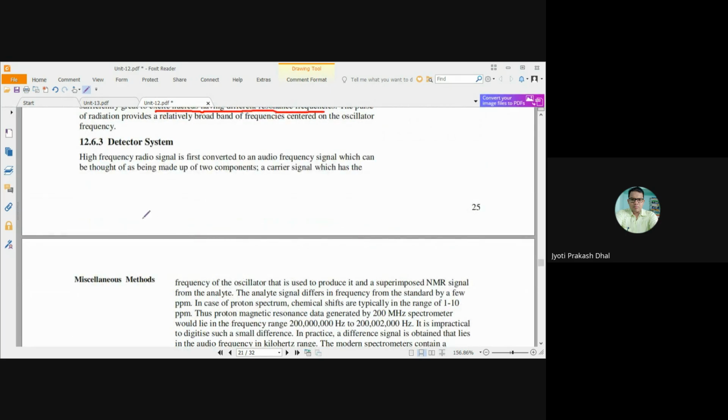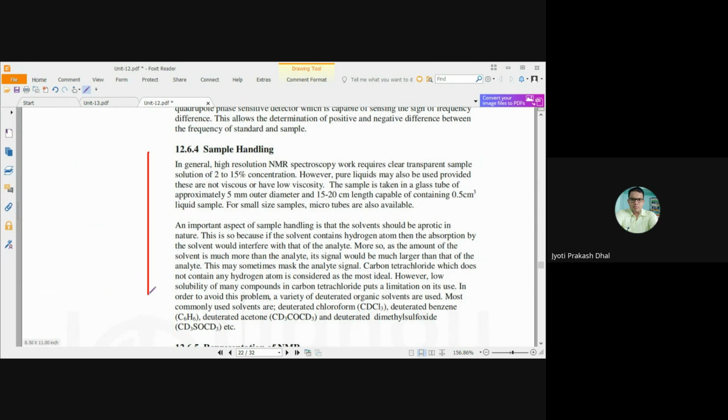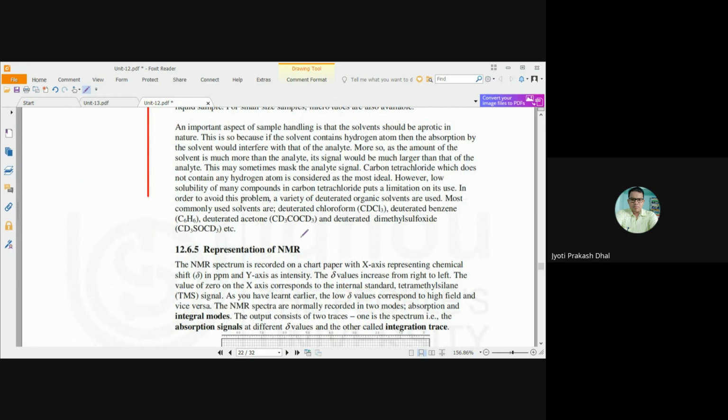Now coming to the detector. And this is about the sample handling. For sample handling, the most commonly used solvents are deuterated chloroform, CDCl3, and deuterated benzene. No protons should be present, that is, deuterium should be present, because we know that if the solvent contains a proton, as in chloroform CHCl3, then it will interact with the protons of the sample under investigation.